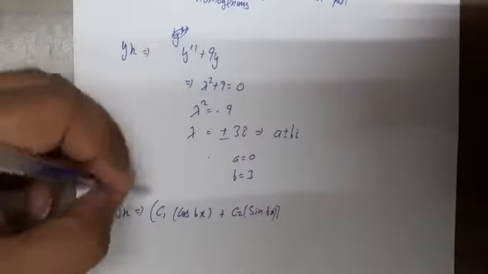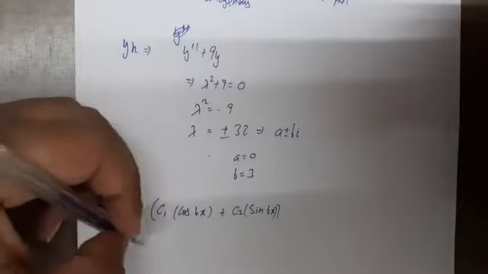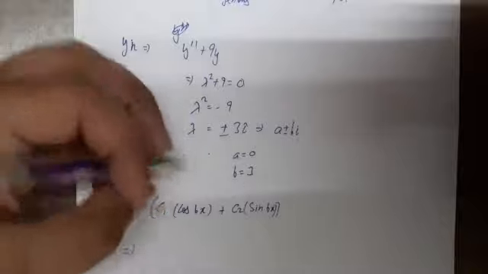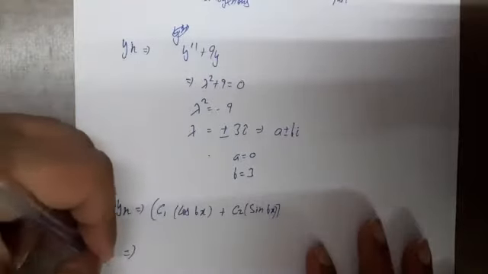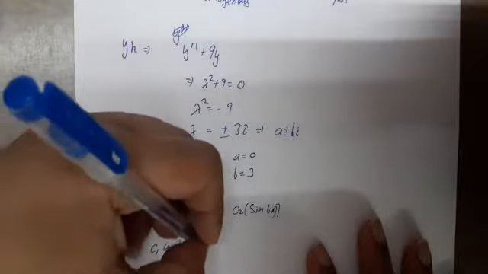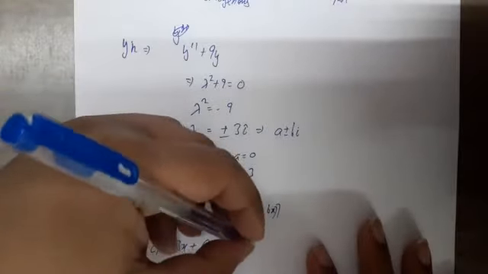Now here we will substitute the value of b, upon which we will get yh equals c1 cos 3x plus c2 sin 3x.